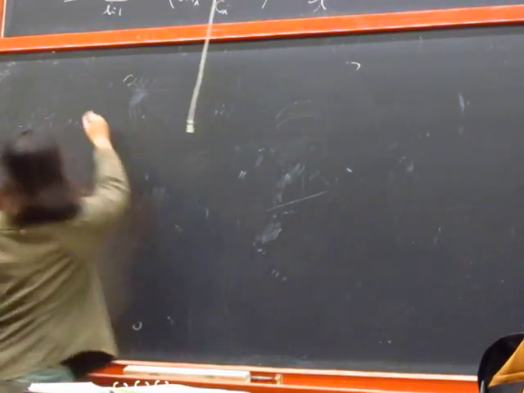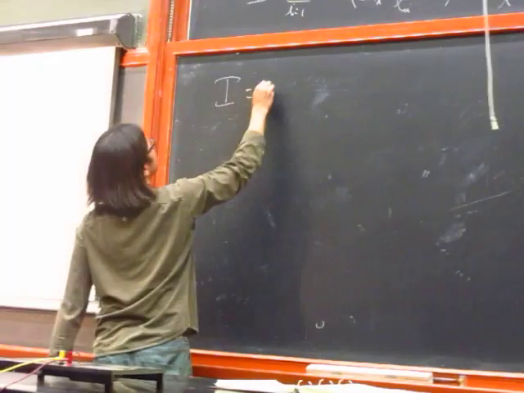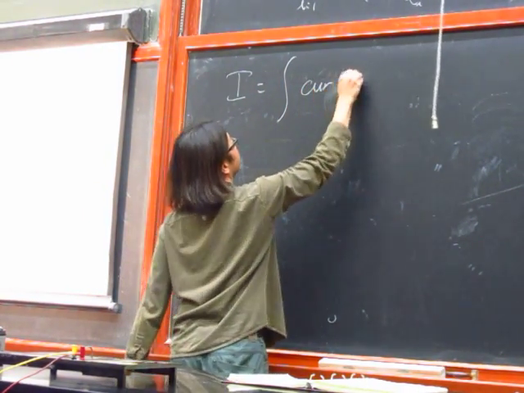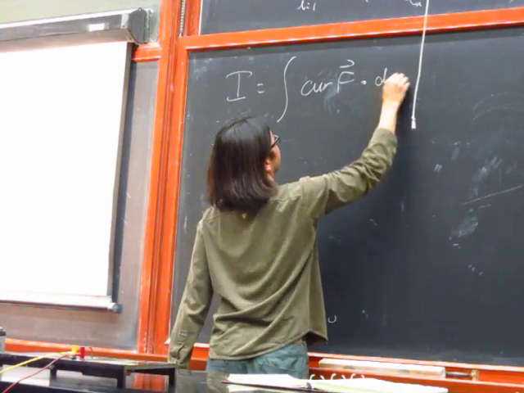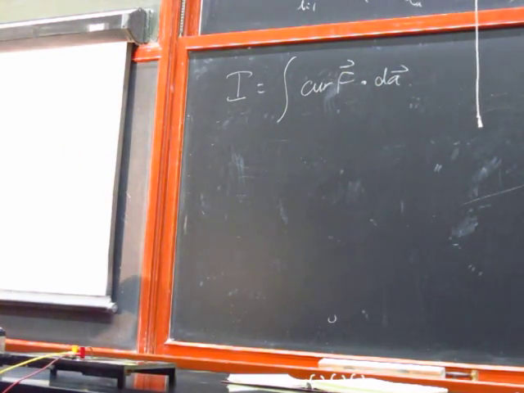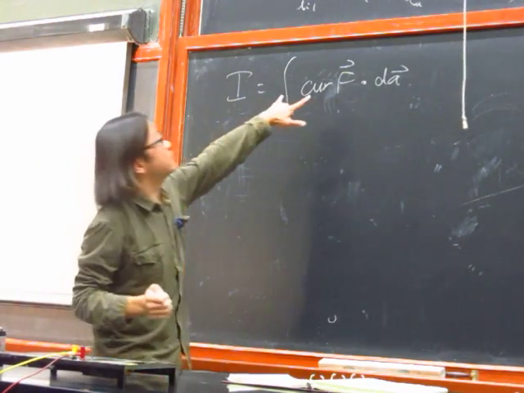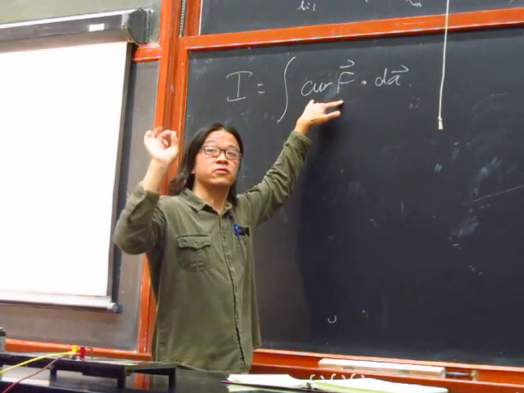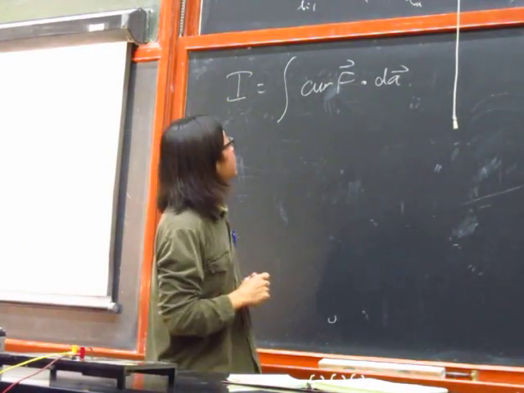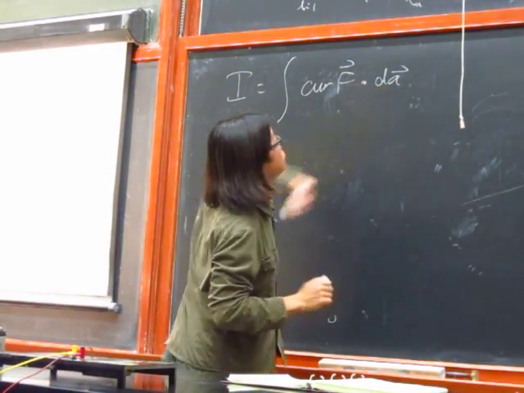Then that integral becomes the curl of F times t. The curl of F is a direction, and the direction is always normal to the surface. Or in this case, it's just the dot product.